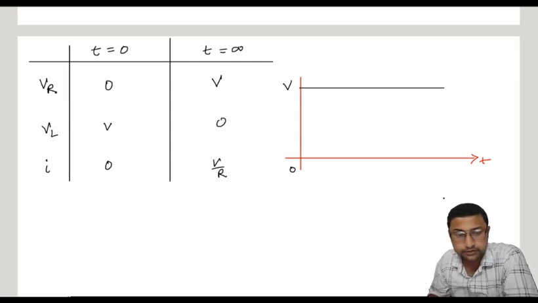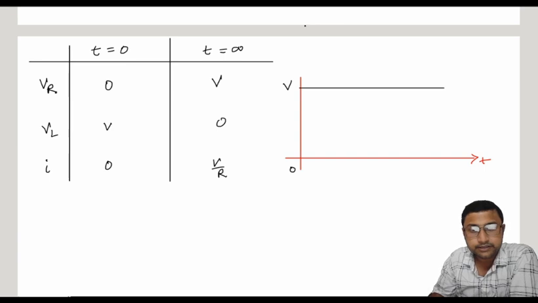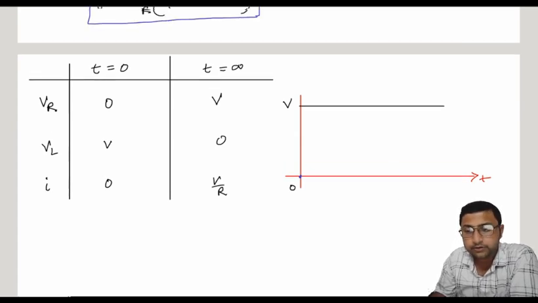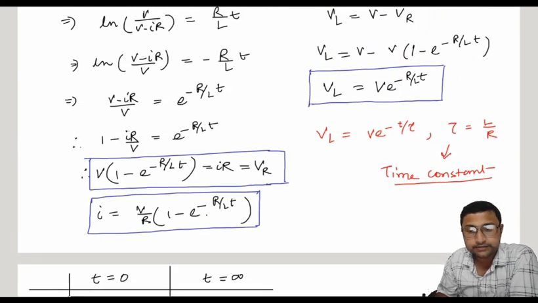If we first plot the graph of VR, take 3 different colors. Suppose I take the first, blue color, to represent VR. VR at t equal to 0 will be 0, and at t equal to infinite, VR will be V. From the equation of VR, it is an exponential graph, exponentially increasing.